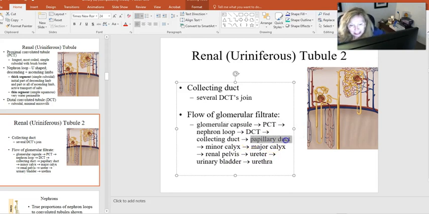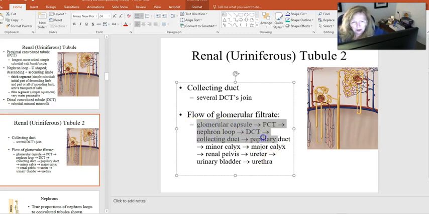So that filtrate is not called urine until no reclaiming is happening anymore. And remember, from the very first filtrate, 99% of it will get reclaimed. What becomes urine is only about 1% of what the kidney is filtering, and that is happening at these larger ducts. So that's an important concept for you to know.